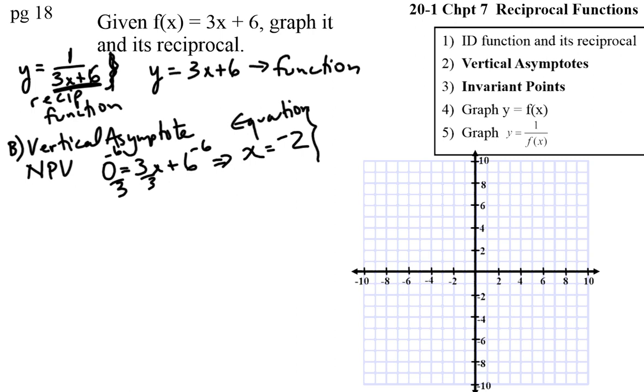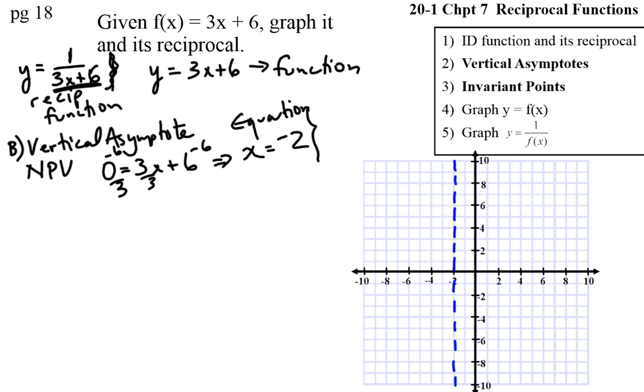I'm going to put that on my graph right now. Where x equals negative 2, that vertical line, because that's my NPV, is a line that my graph will not cross at all, the vertical asymptote.